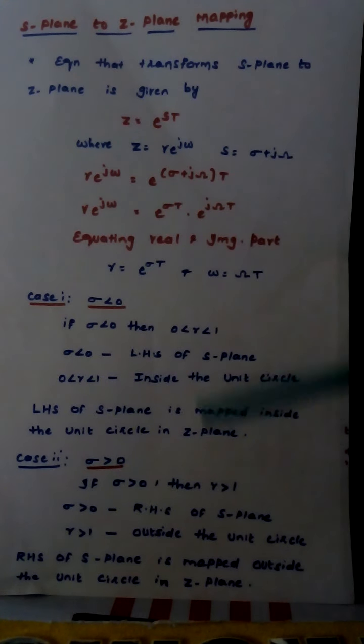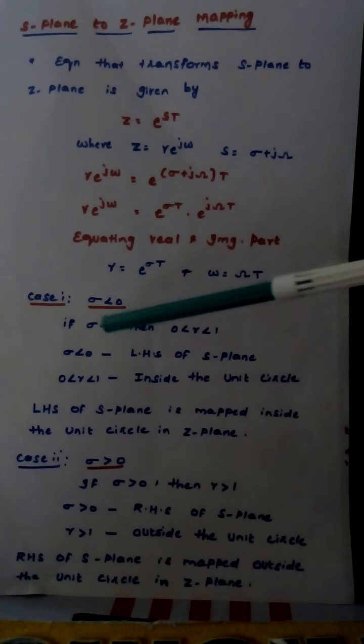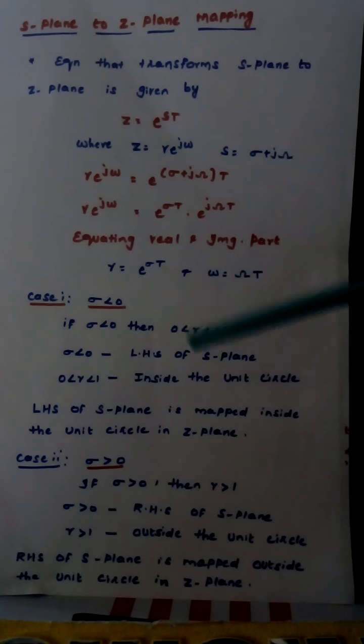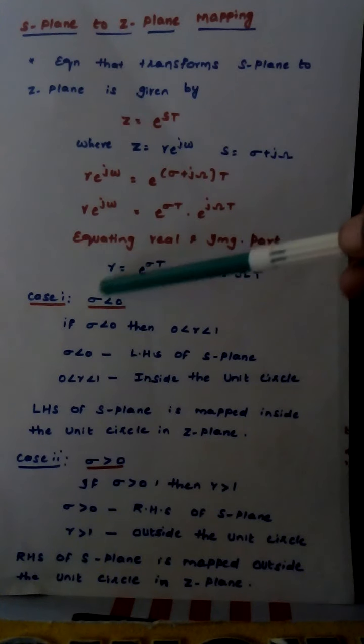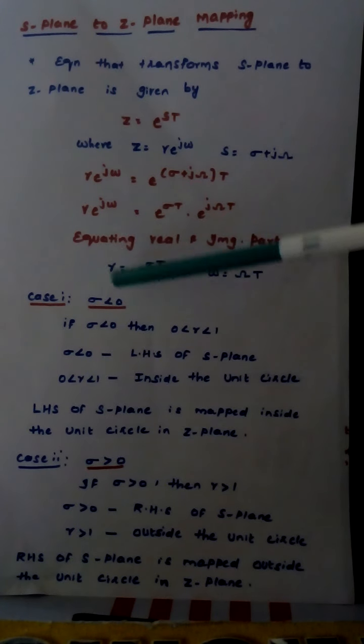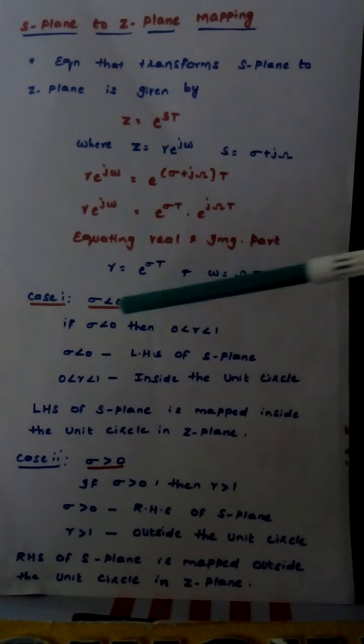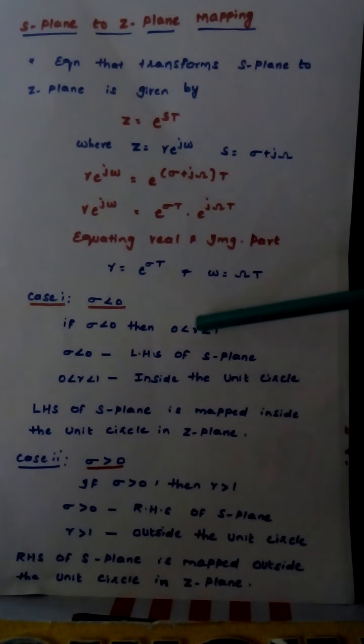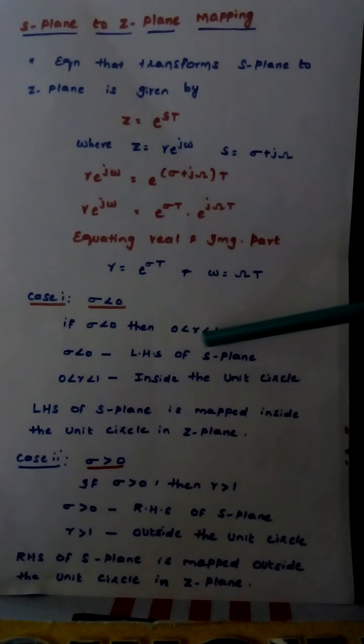In this we can see three cases: when sigma is less than 0, when sigma is greater than 0, and when sigma is equal to 0. That is sigma on the S plane, and how we can map it onto the Z plane. If sigma is less than 0, in the Z plane we get the condition 0 less than R less than 1.